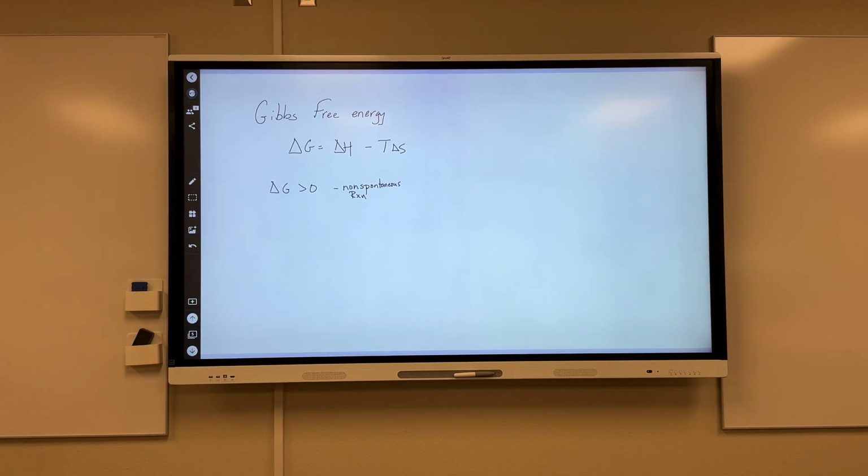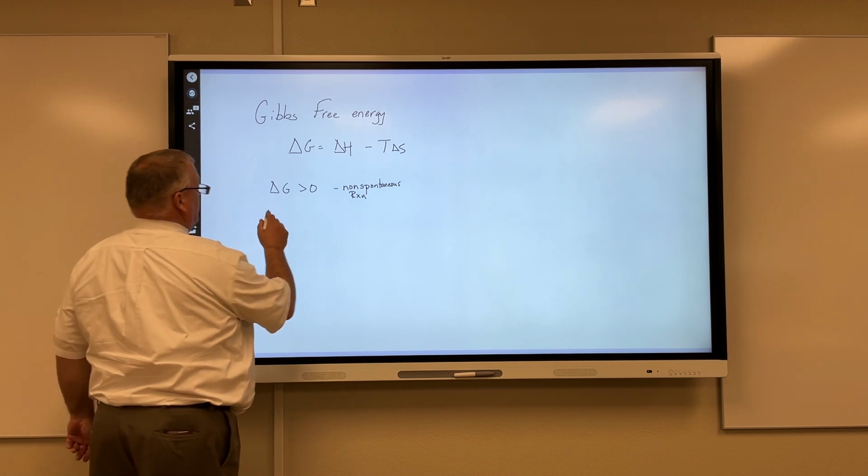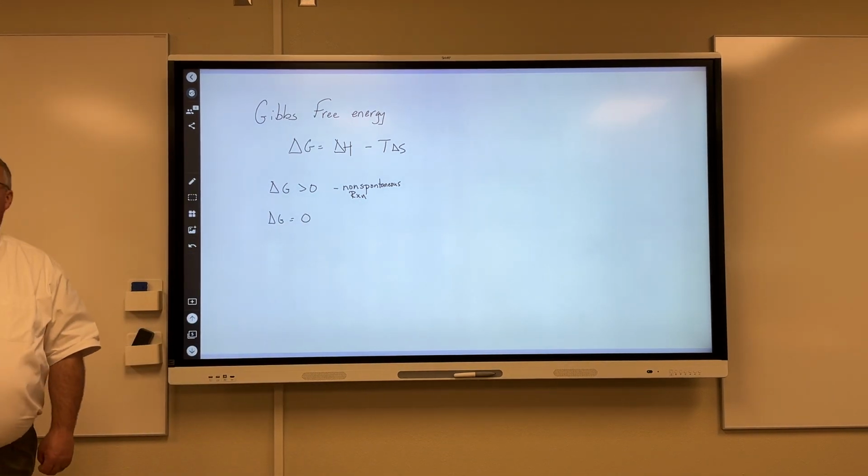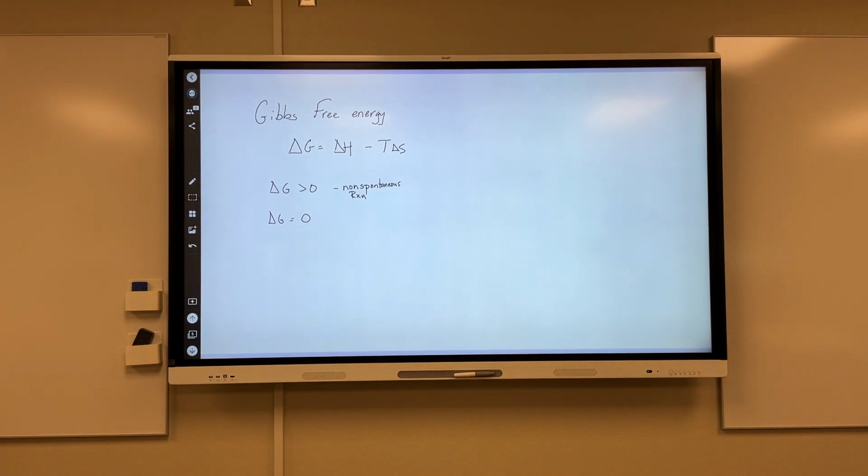Based on enthalpy, remember, our enthalpy is in terms of kilojoules, and our entropy is in terms of joules. So the only way we can get them comparable, so that delta G is equal to 0, is to have a very, very small quantity for enthalpy or a very large temperature.